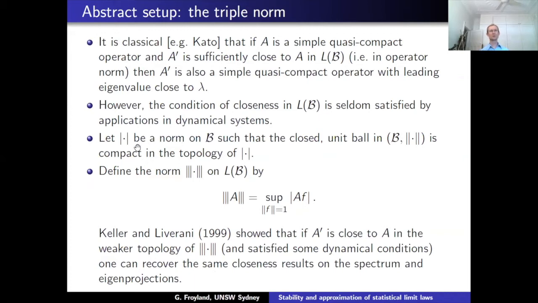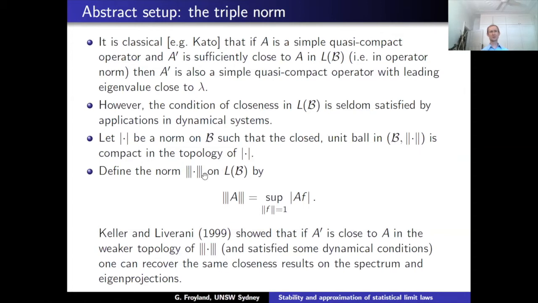So what we do is use an approach that's been around for 20 years now. We introduce a weaker norm, single bar, so that the unit ball in the strong norm is compact in the topology of this weaker norm.